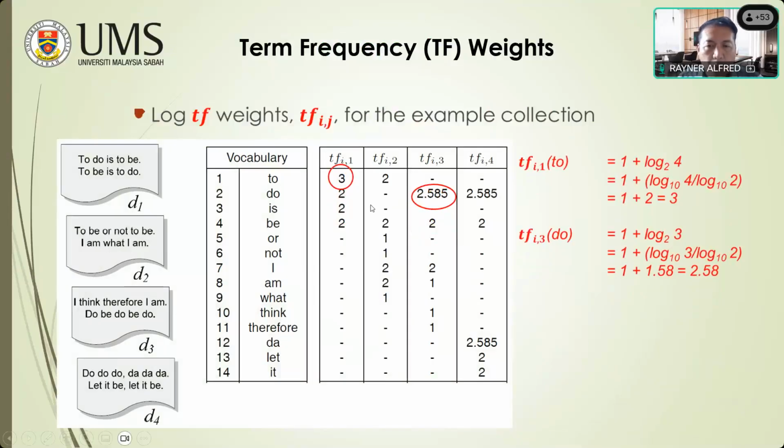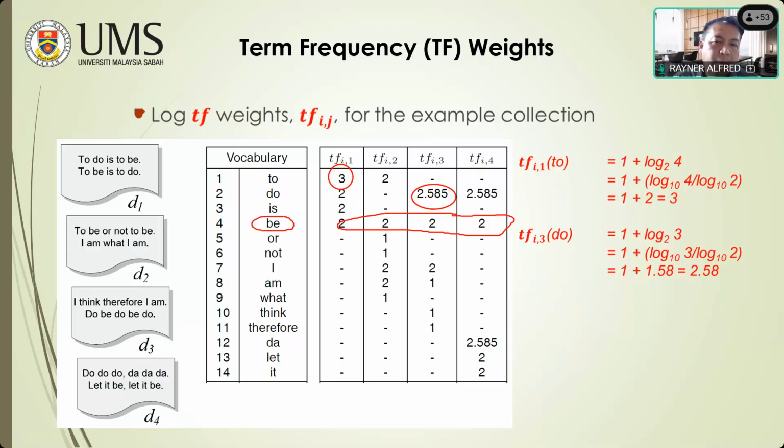But one thing we notice is that all of these have values, which means that this term is useless, because we cannot use that term to differentiate the four documents, since all of the documents have this term B. So for that reason, we need the second formula.